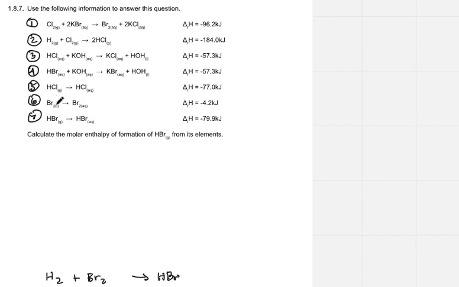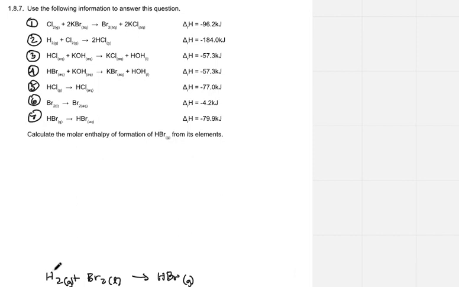We have bromine as liquid and as aqueous. We have hydrogen chloride gas and we have hydrochloric acid. So we have to be careful about our states here. So I'm going to put, I don't normally do this, hydrogen gas and bromine, that's liquid at room temperature, and HBr is a gas.